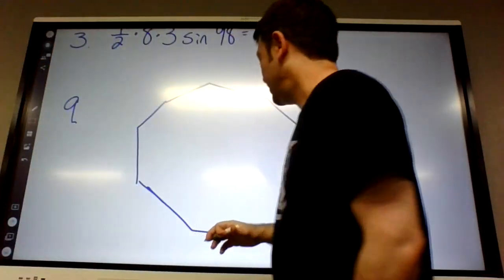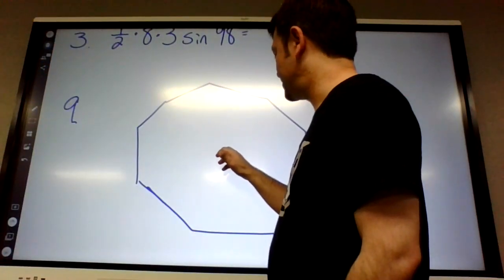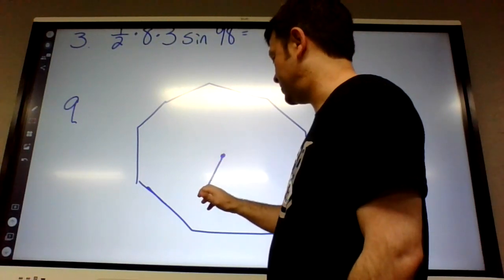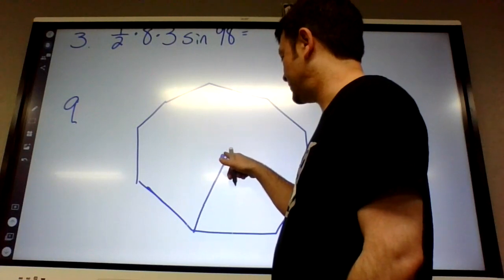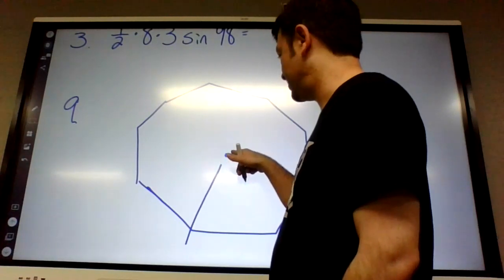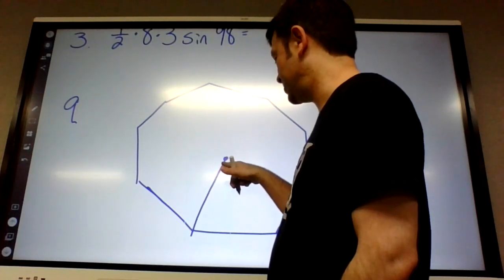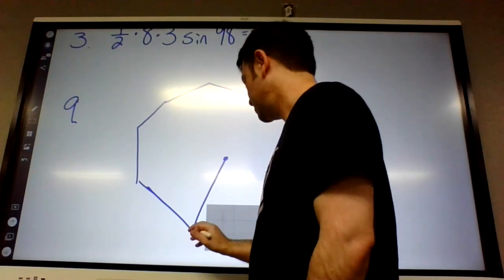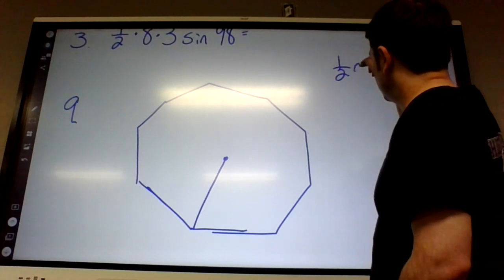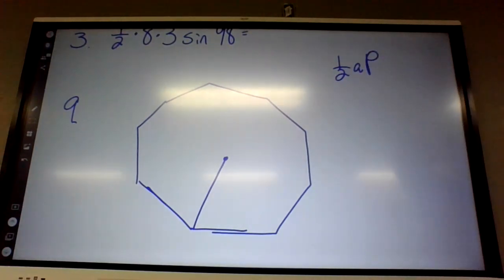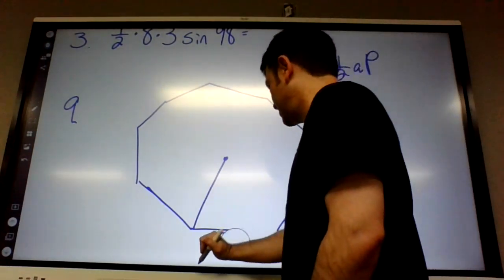Okay, if I were to draw in the center and draw in the radii, we did areas of regular polygons once upon a time. You guys remember the formula for a regular polygon? Yeah, that's right. Good job. 1/2 apothem perimeter. We're not going to be using that for this. We're going to be using the new little trick.